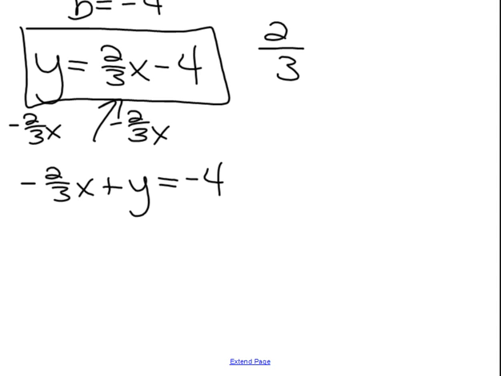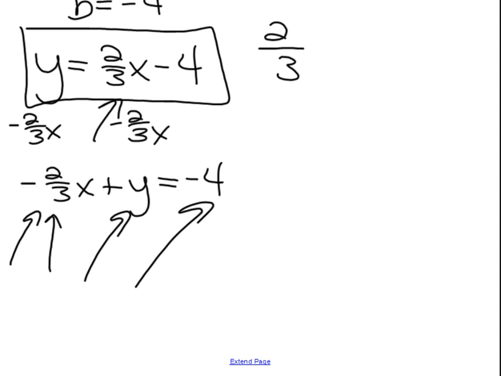Well, there's a little bit more involved with standard form. For one thing, with standard form, we want the x to be positive. Well, right now it's negative. I have negative 2/3 x. To turn a negative into a positive, I have to multiply by negative 1. But I can't just multiply this. I have to multiply everything by negative 1.